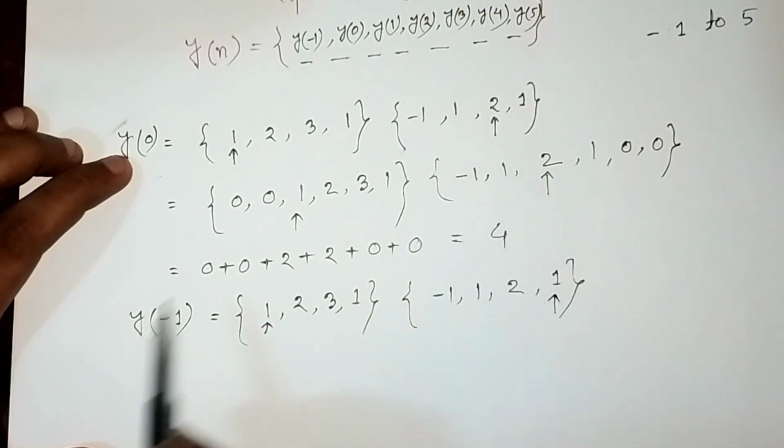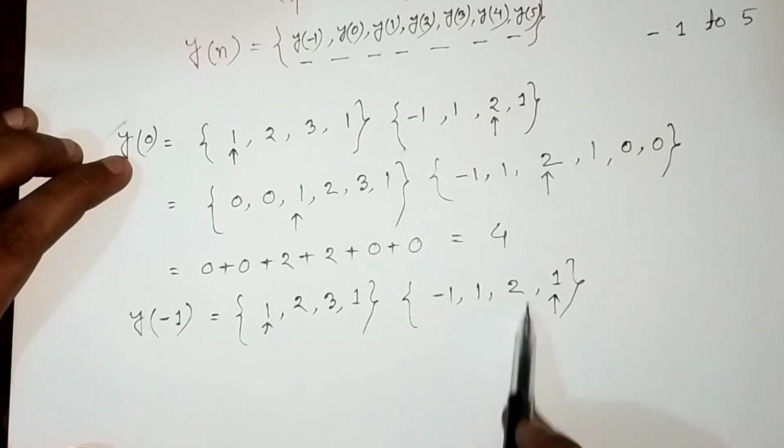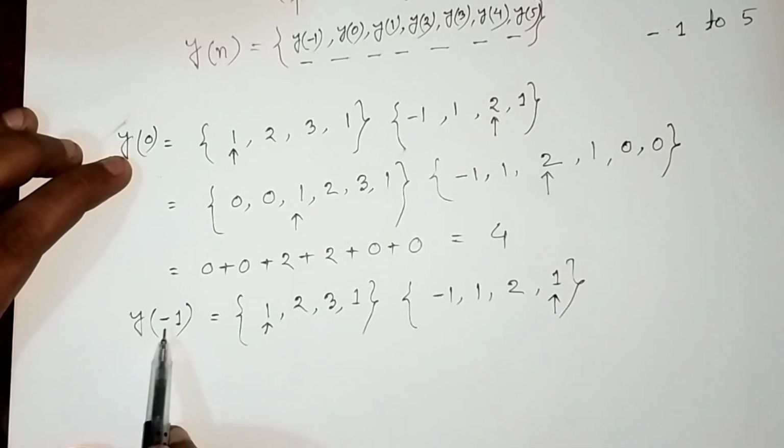So for negative numbers, you have to put the arrow to the right one position.